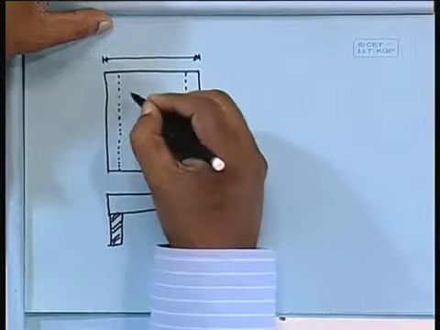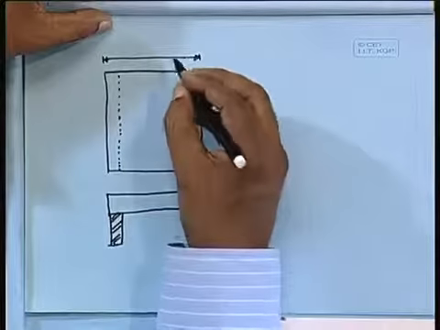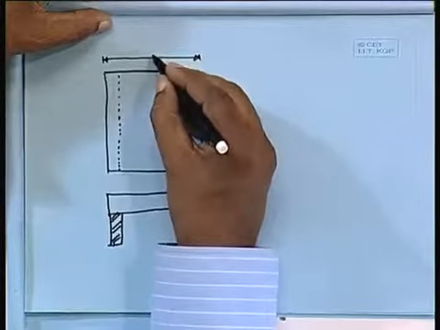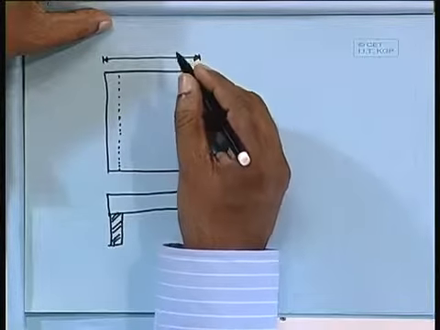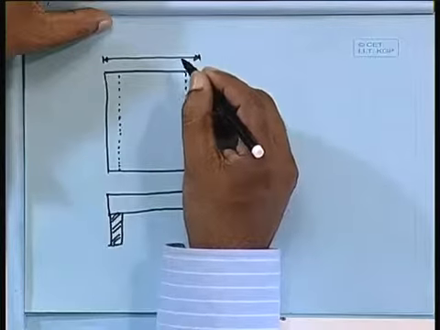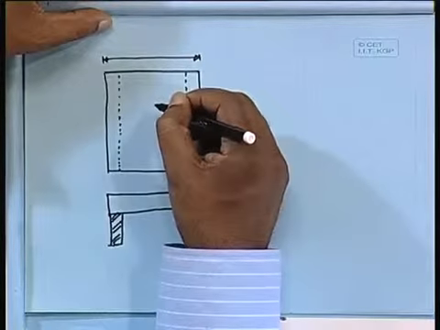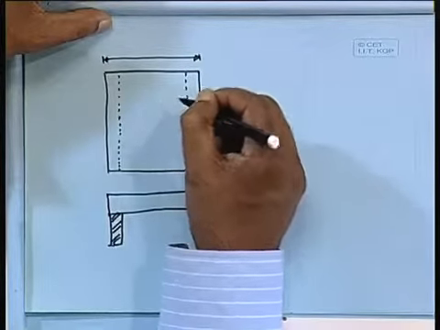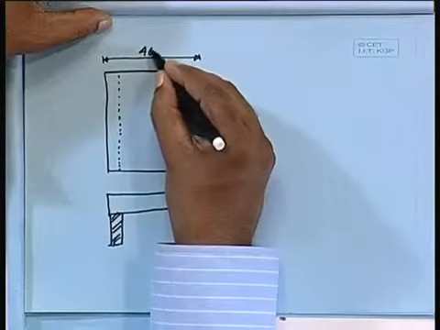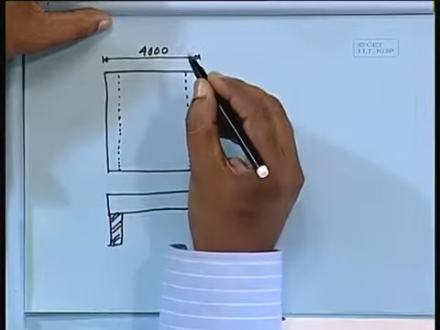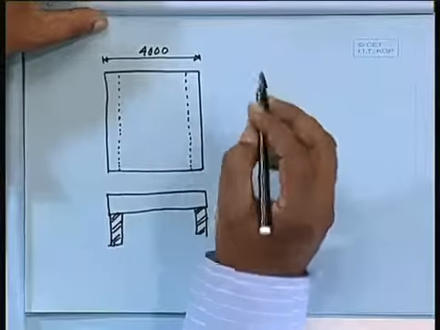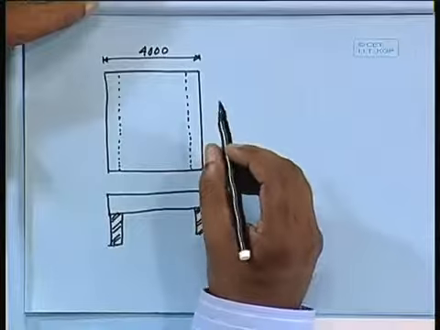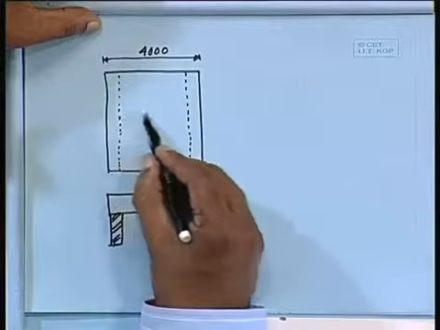It is more than that, but effective span 3640. And this one how much? This one is 3500 plus 250 plus 250. So clear span 3500 plus 250 plus 250, which comes as 4000. And effective span we have calculated 3640.